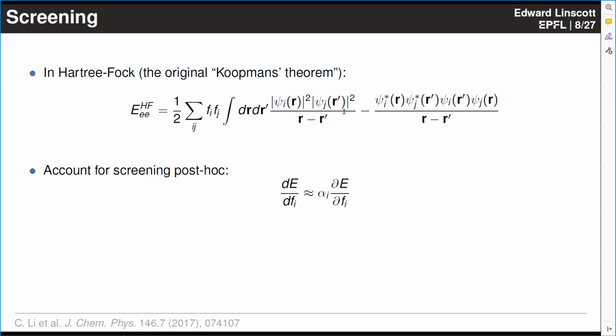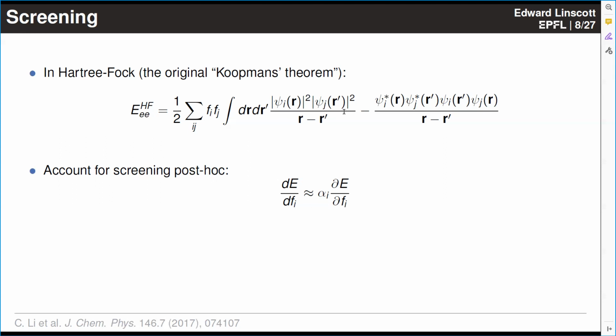The way that we do this is we scale our corrections with some screening parameter alpha. This is just some number between 0 and 1, and we've got one of these alpha parameters per orbital in our system.